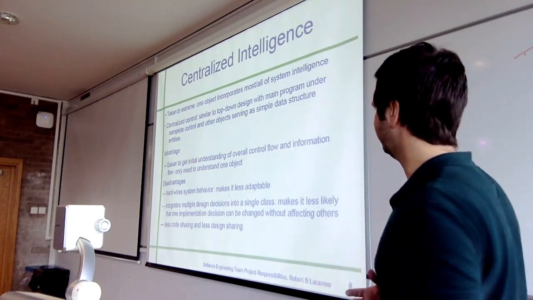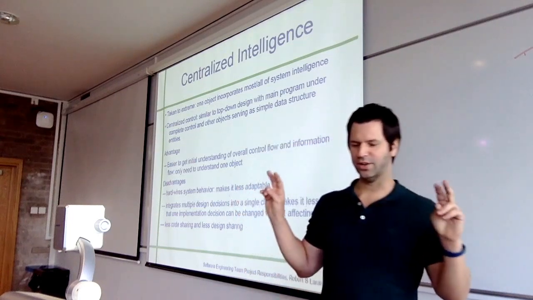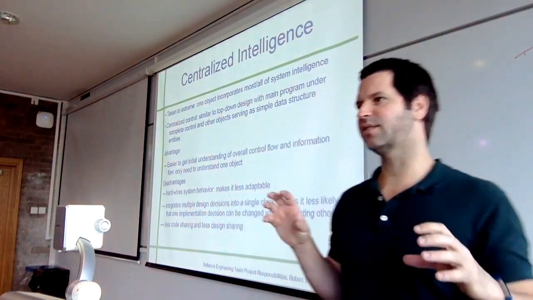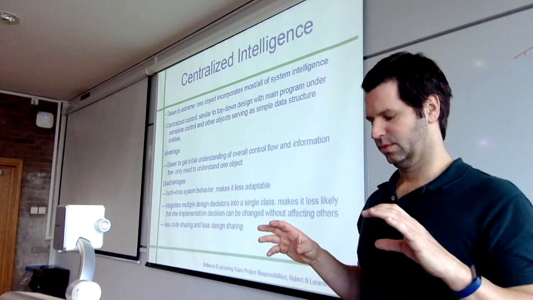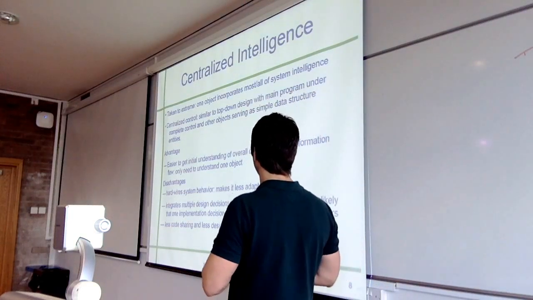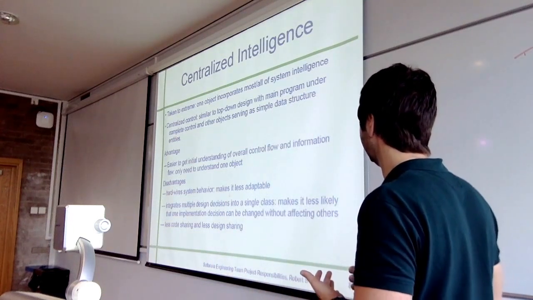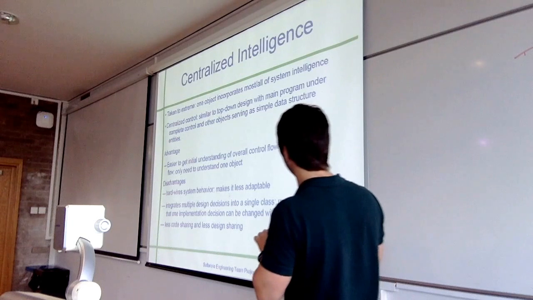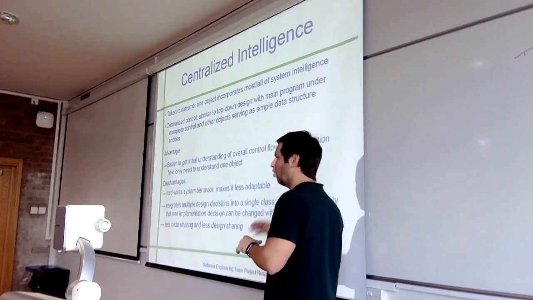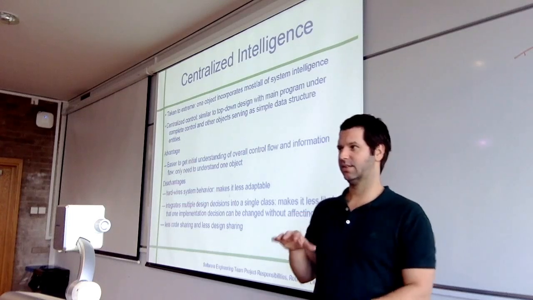But it does have its disadvantages, right? It hardwires the system behavior and makes it less adaptable, right? And you integrate multiple design decisions into a single class, and it makes it less likely that changes in this class won't affect the rest of the system by accident.